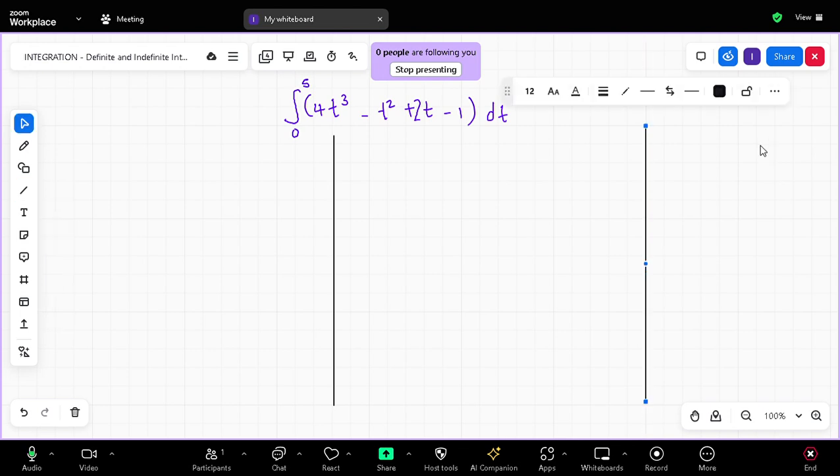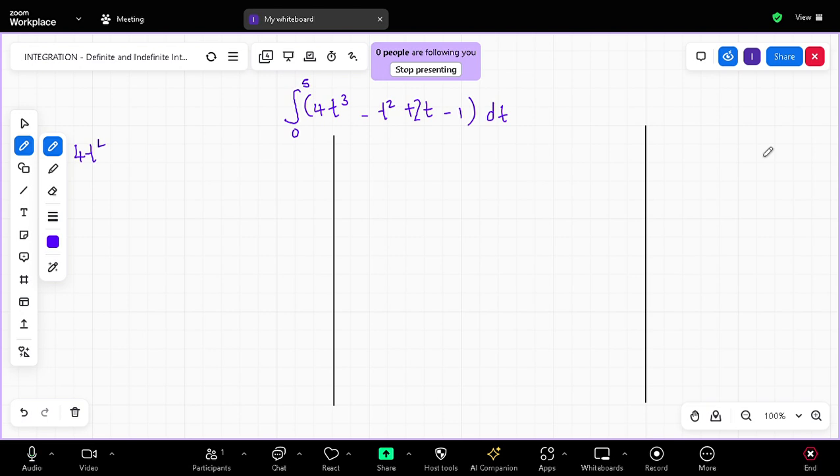Now, when you integrate 4t cubed, it becomes 4t raised to power 4. The power increases by 1, then we divide by the new power. Minus t squared becomes t power 3 divided by 3, plus 2t becomes, power increases by 1, t squared divided by 2, minus t. The limit is 0 to 5.